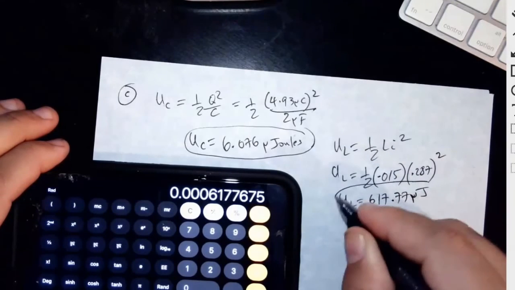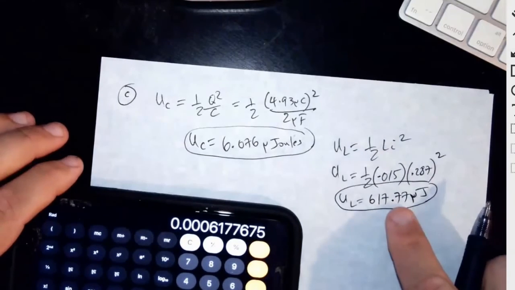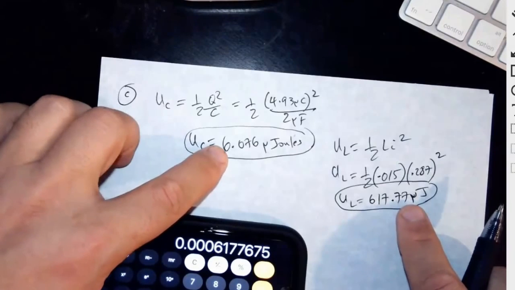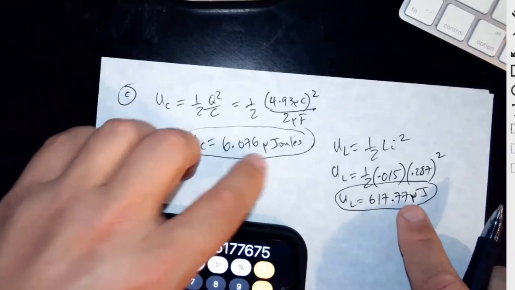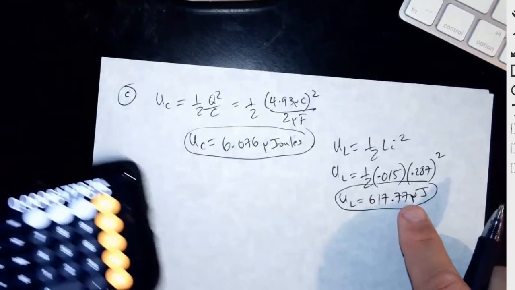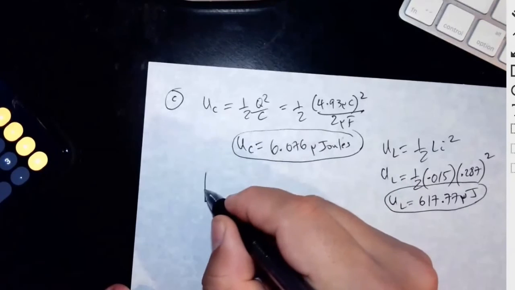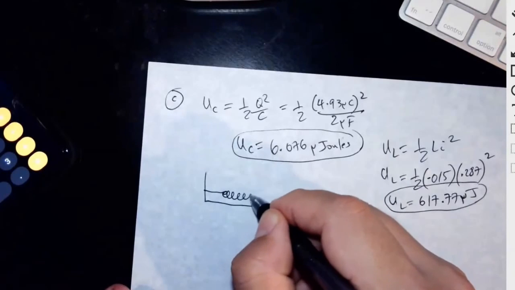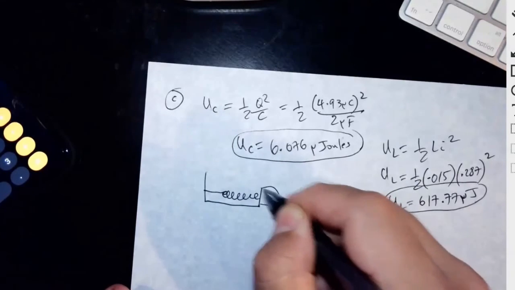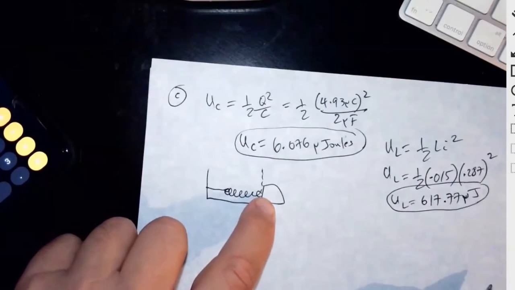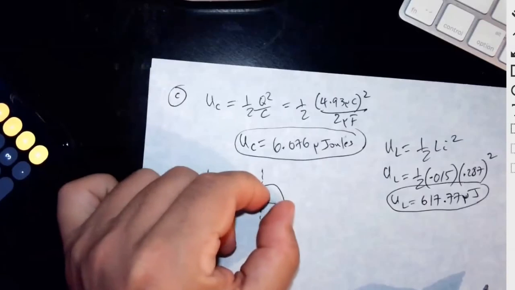So at that instant in time, the energy stored in the inductor is a lot larger than the energy stored in the capacitors. That would be the physics 1 equivalent of saying that the kinetic energy of the block is a lot more than the energy of the spring.